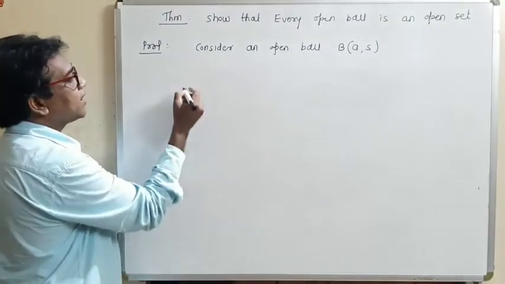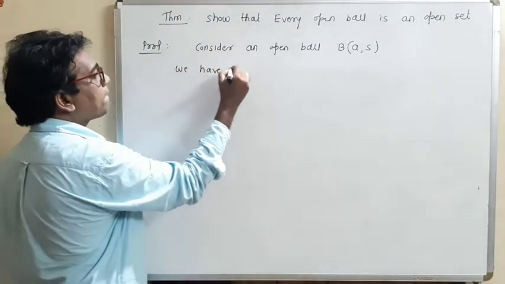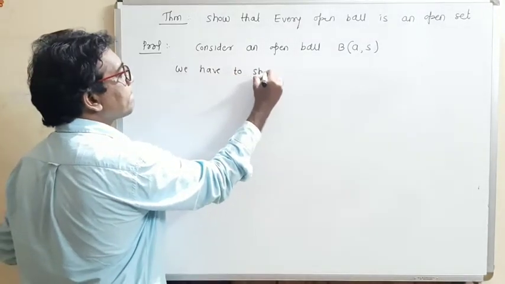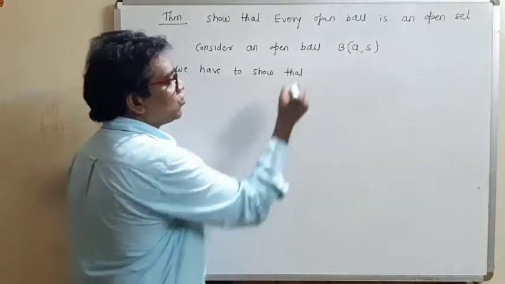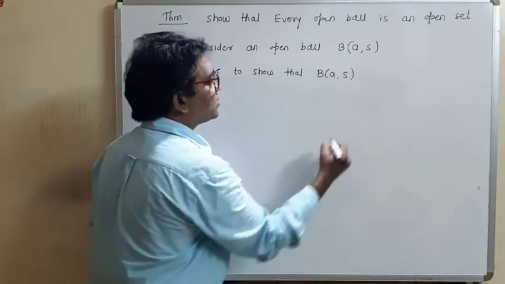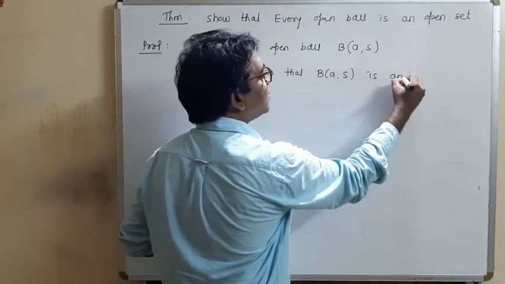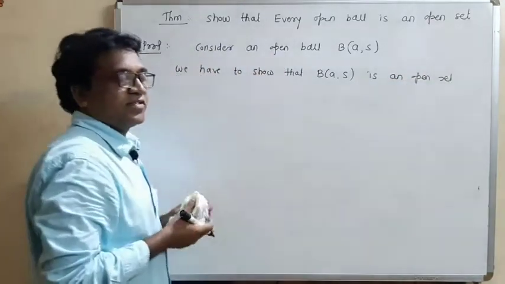So write down the basic idea. We have to show that this open ball B(a, s) is an open set. So see what is the starting step.